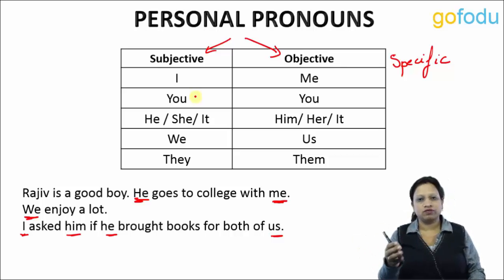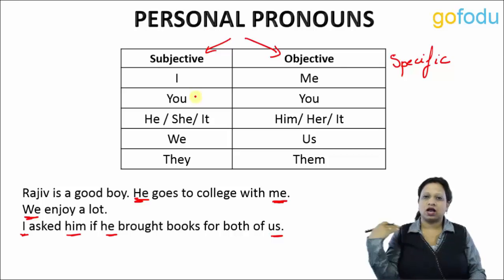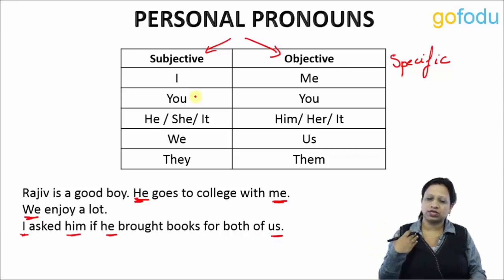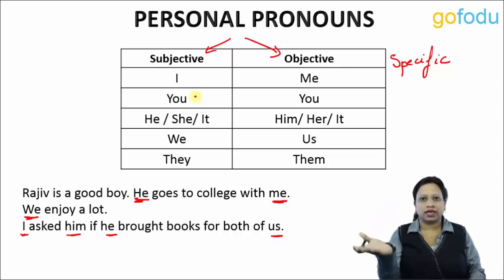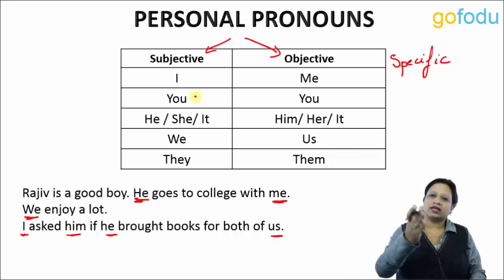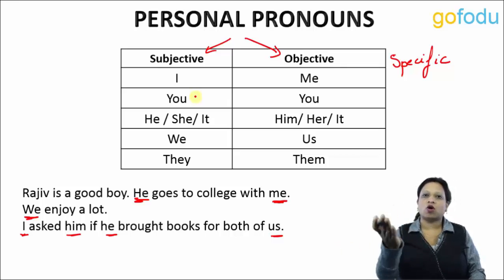Similarly, for objective, me for first person, us for plural first person, you for second person, plural or singular, and he, she, it become him, her, it, and they becomes them in objective.